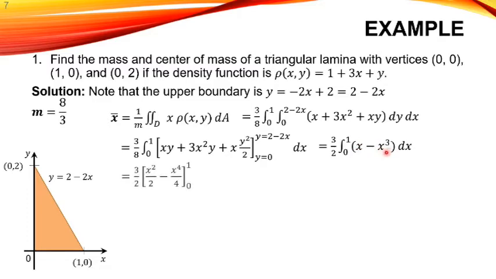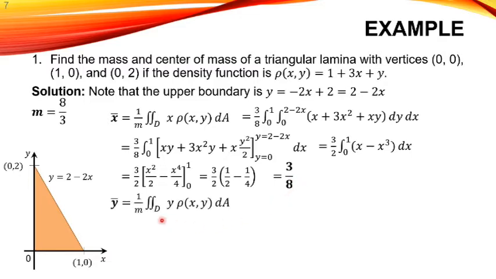Then performing the last integral, we have x squared over 2 minus x to the fourth over 4, evaluated from 0 to 1 multiplied by the constant multiple 3 over 2. So we have 3 over 2 times 1 half minus 1/4, which is equal to 3 over 8. So 3 over 8 is the x-coordinate of the center of mass.